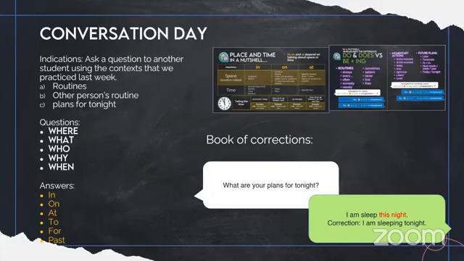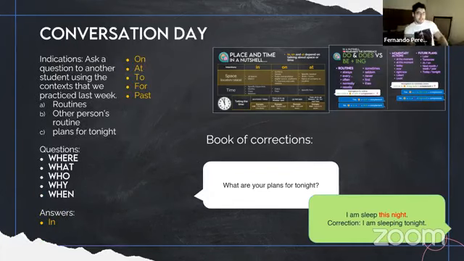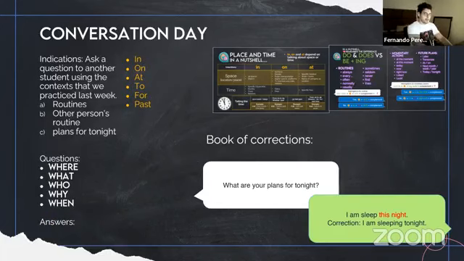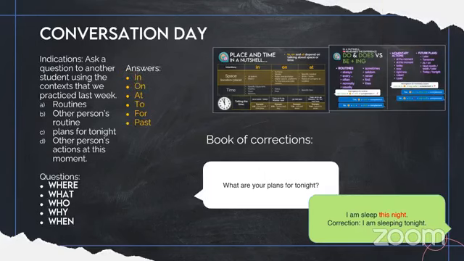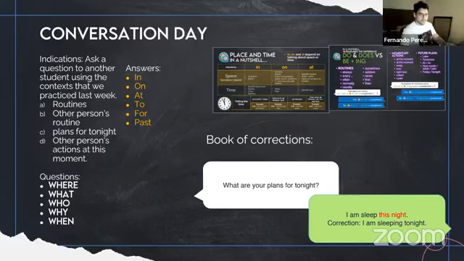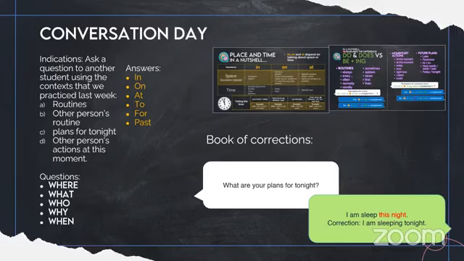All right. Hector, ask a question to Arthur about other persons' actions at this moment. Other persons' action at this moment. Okay, teacher.